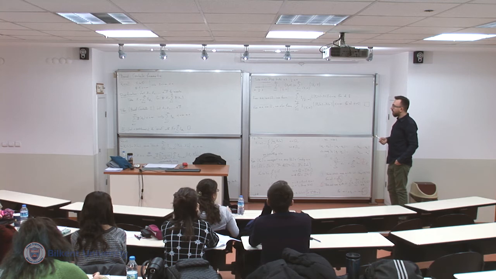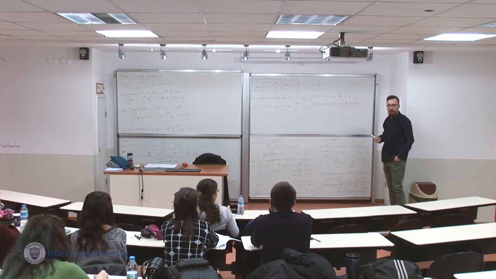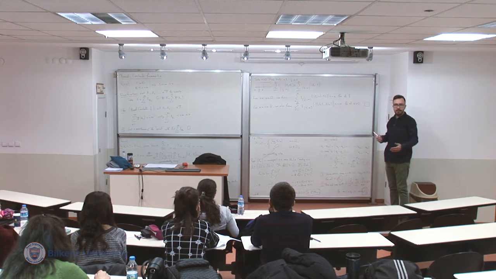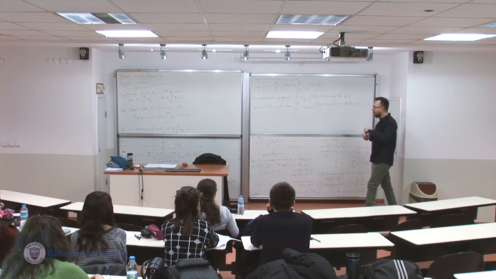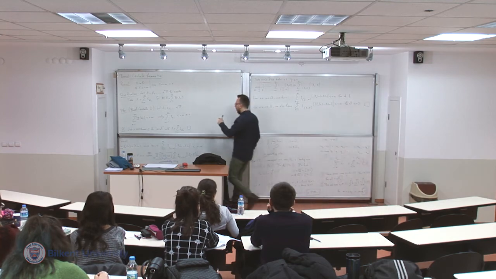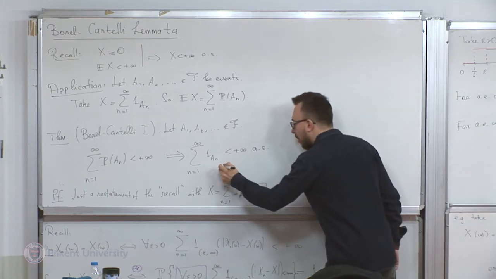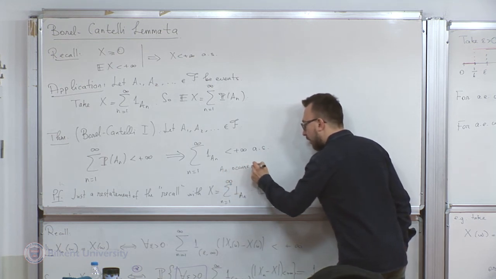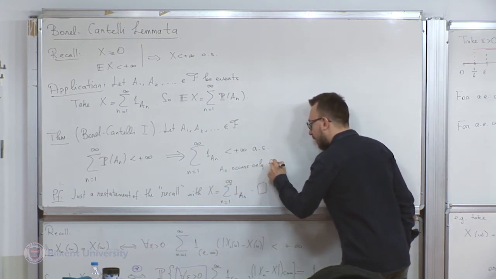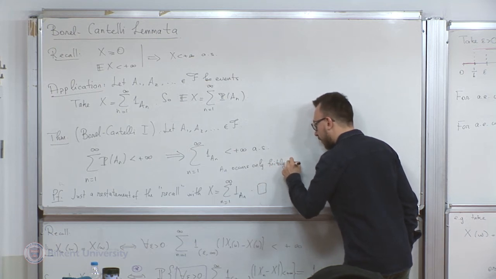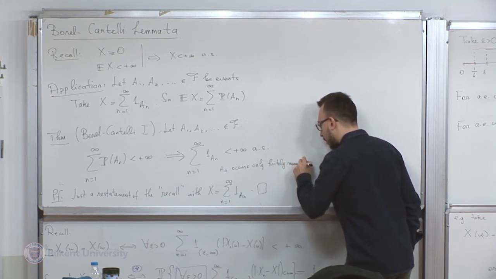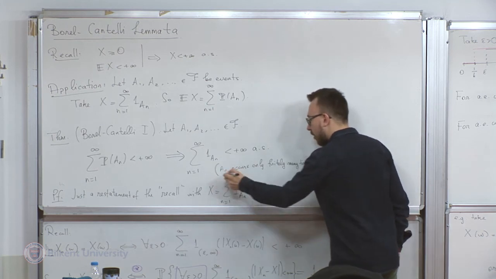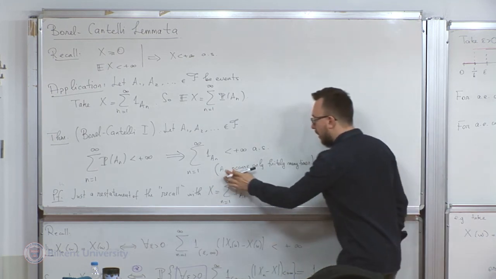If the sum of those indicators is finite, what can you say about this experiment? How many times do you observe this event? Only finitely many times, right? So A_n occurs only finitely many times.